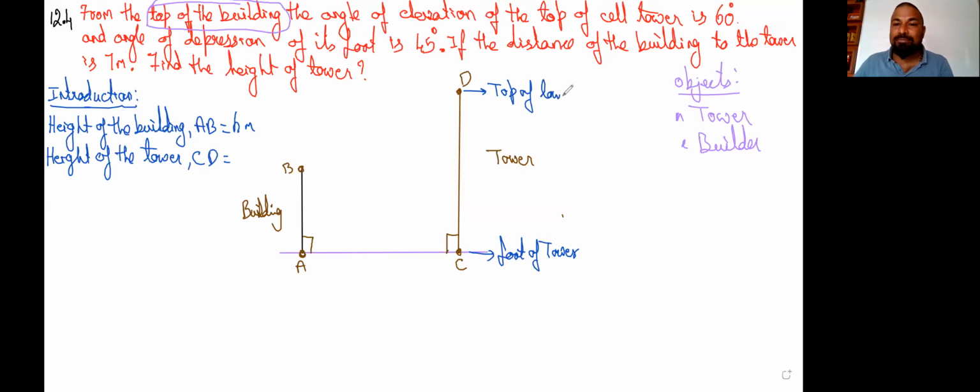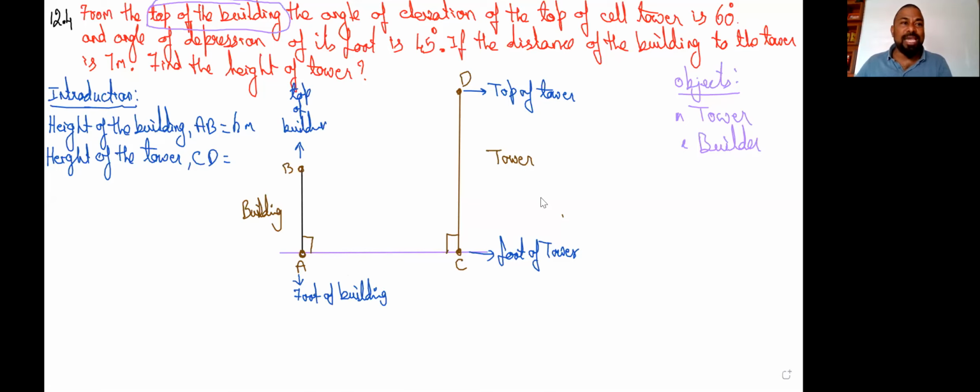Yes, we all know that one. Now B is nothing but top of building, and obviously A is nothing but, it's clearly given, foot of building. Yes, this is the easiest way if you label like this.